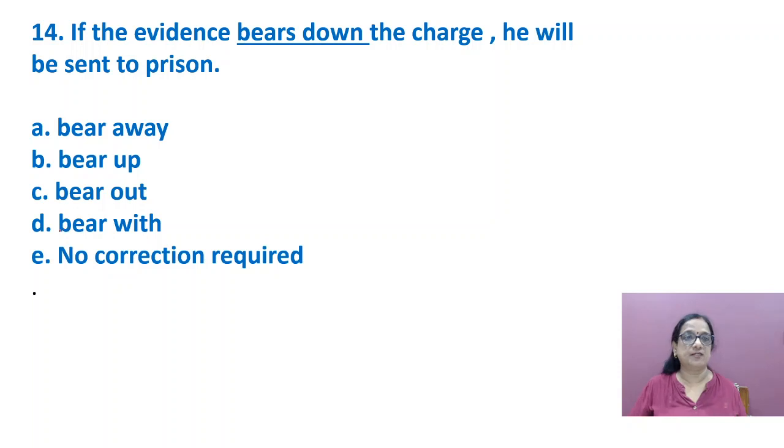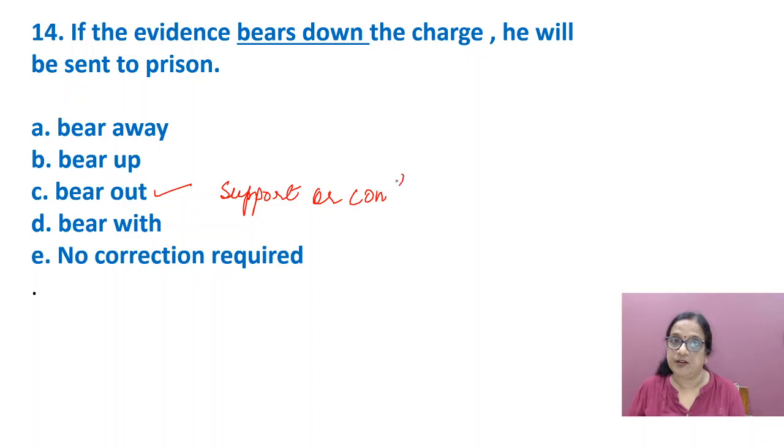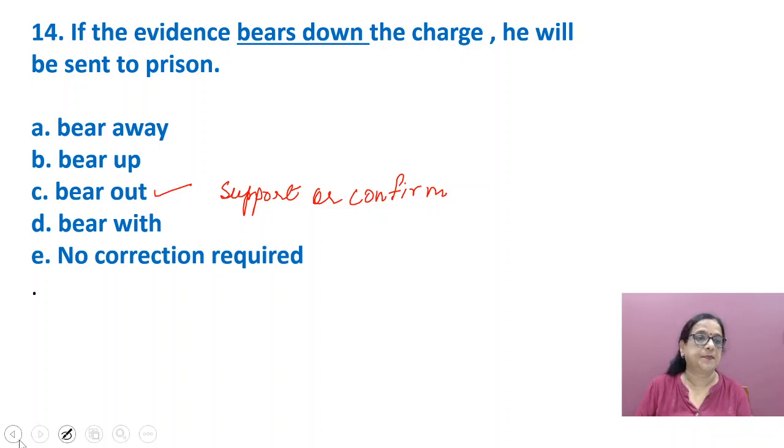So which phrasal verb should be used? Now here, if the evidence bear out, this is the correct answer. Bear out means support. Or you can also write, if the evidence is confirmed, then he will be sent to prison.